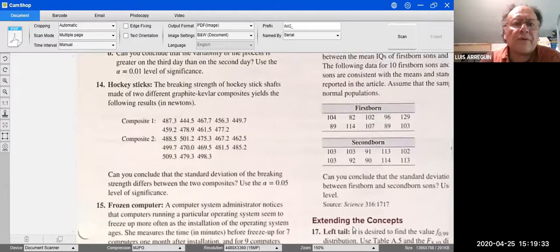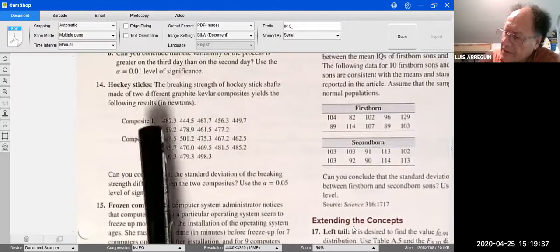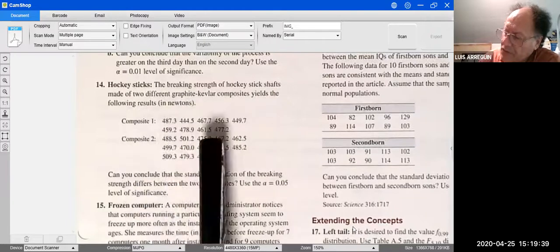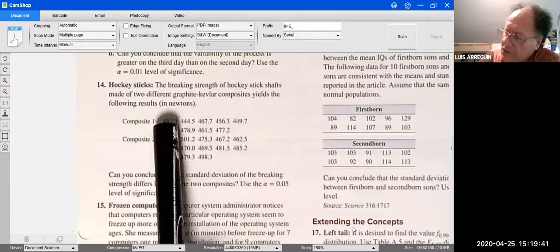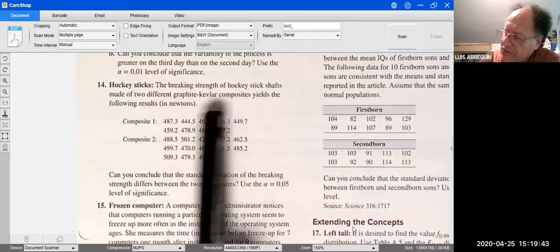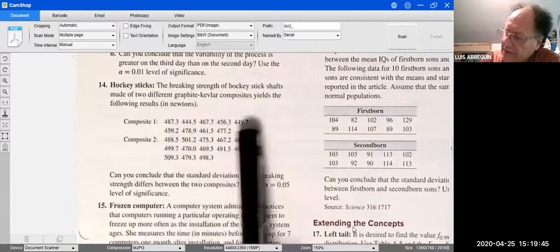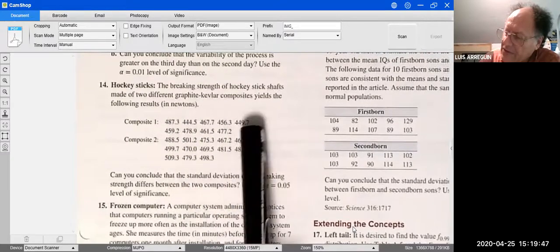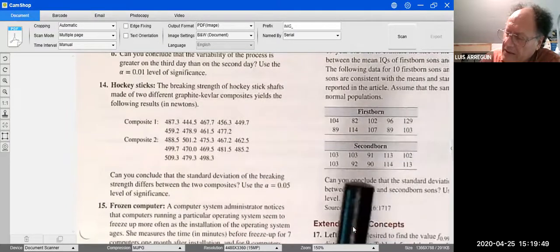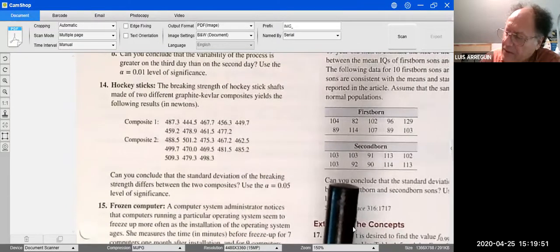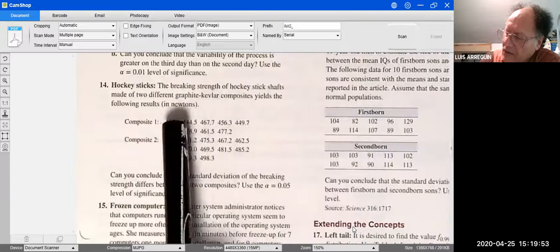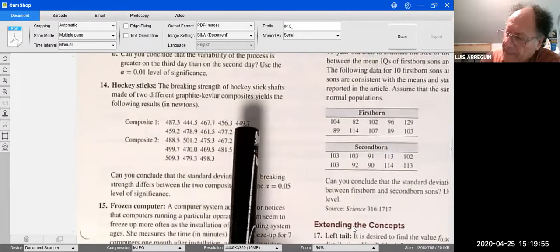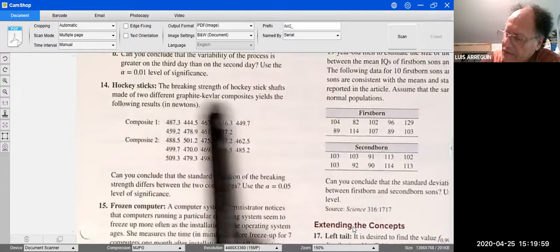So I have here problem 14. You have two samples, composite 1, composite 2. So you're going to compute the standard deviation or the variance. If you compute the standard deviation with SD, remember you need to square that to compute F. And you can also use directly var of X of your data set.